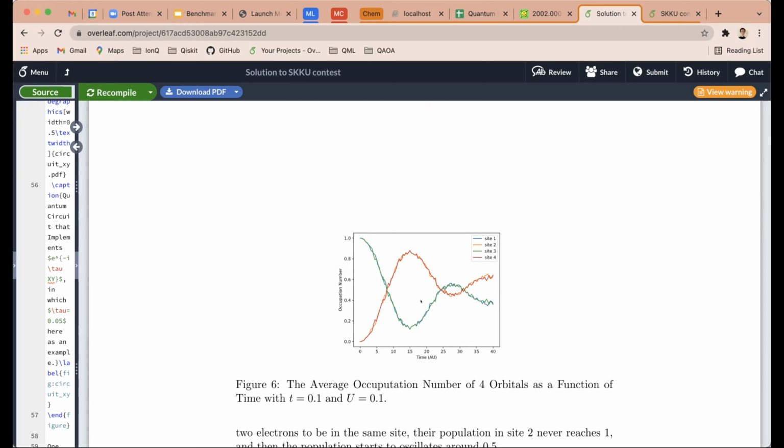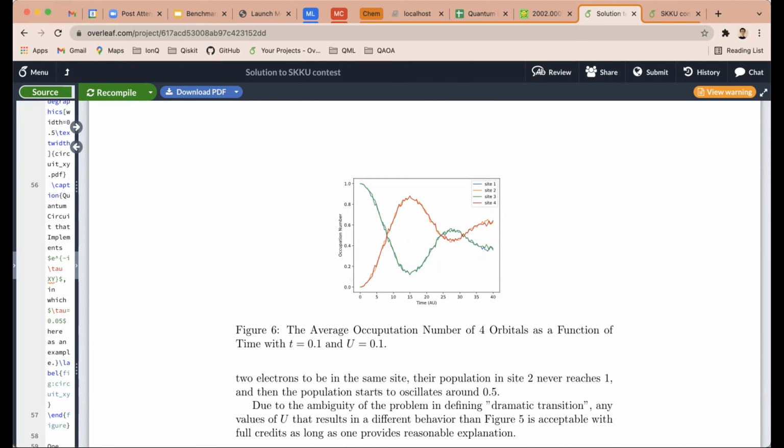And instead of seeing this fully oscillatory behavior, we see that the occupation number eventually equilibrates around 0.5.